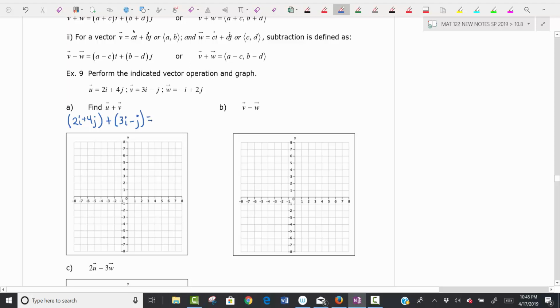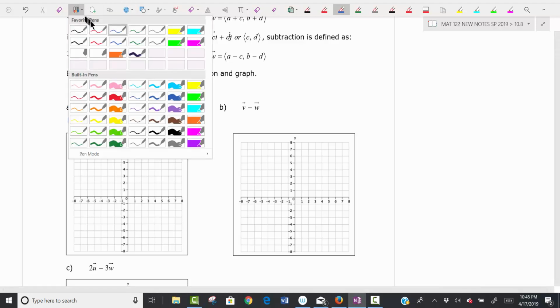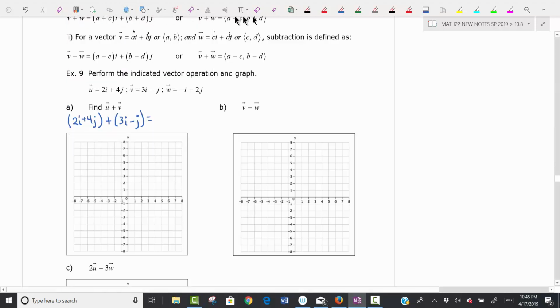Now I'm going to have you plot those two vectors. We have 2i plus 4j, so that vector is going to go like that. The second vector is 3i minus j, so that would be over 3, down 1. So the second vector will go like that.